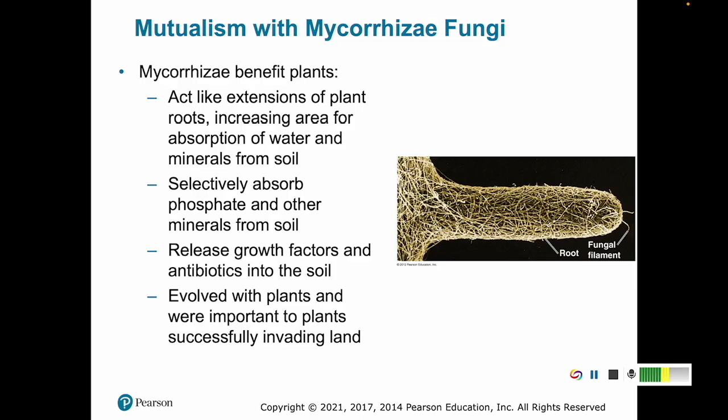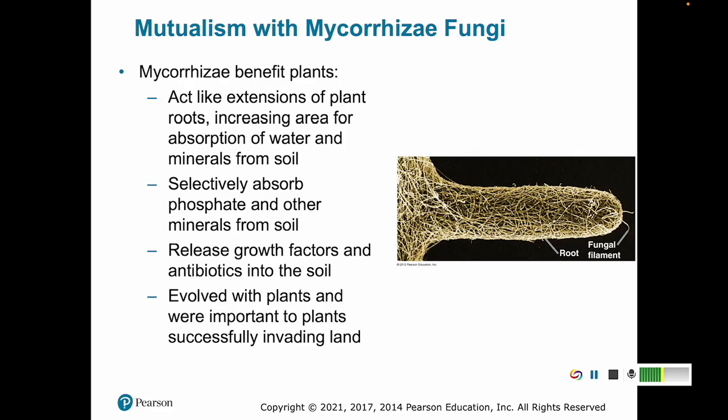Plants can also form mutualistic relationships with fungi, specifically mycorrhizal fungi. The mycorrhiza will benefit the plants by acting like extensions of the plant roots. So here are these fungal filaments. They're going to help absorb water, absorb minerals from the soil, just as if they were part of the root.